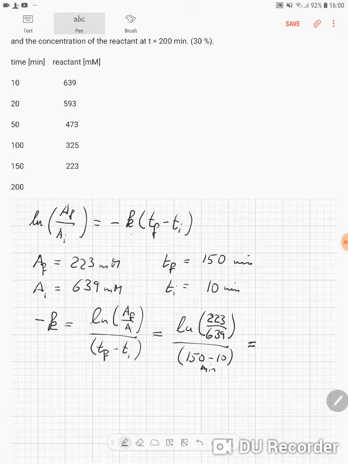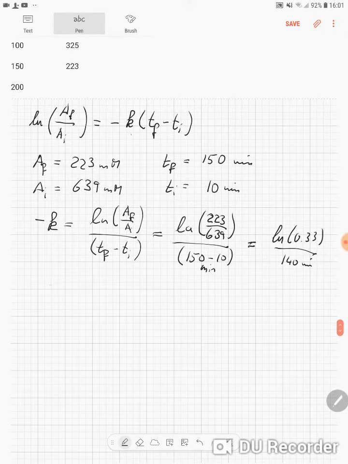If we do this calculation, we get ln 0.33 divided by 140 minutes.